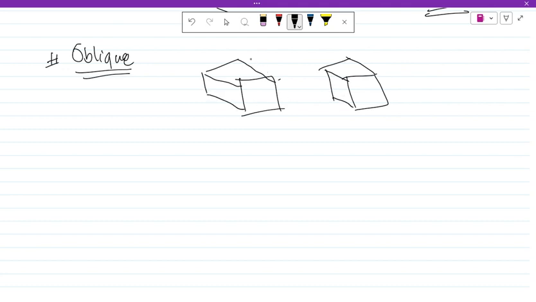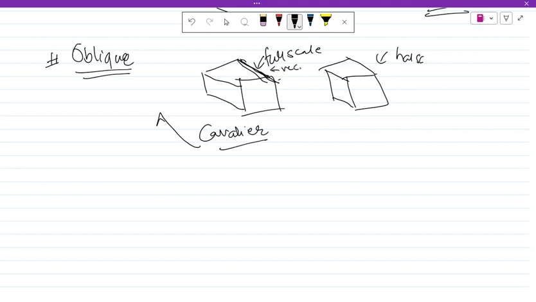So if this represents the full scale, same scale as the object, this is known as cavalier type of oblique projection if full scale length is presented on this side. If this is half scale, this is known as receding line. If the receding line is exactly the scale of the object, this is full scale.